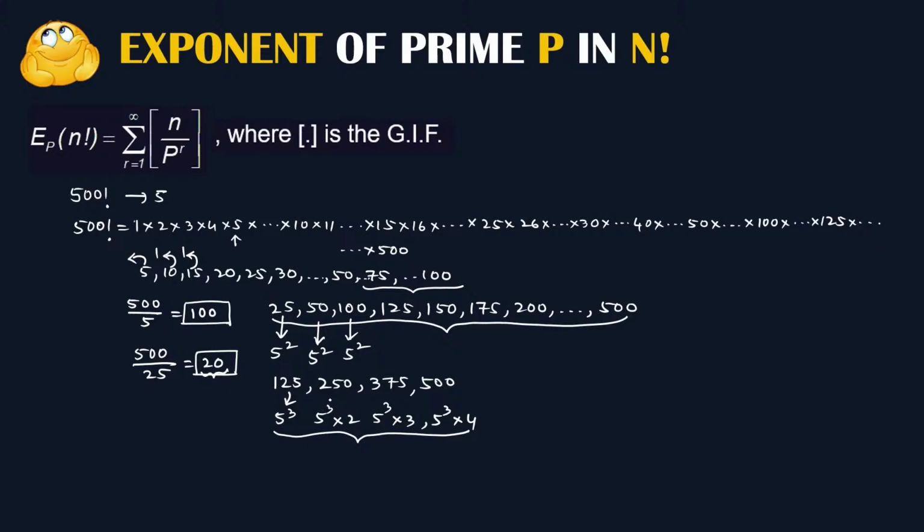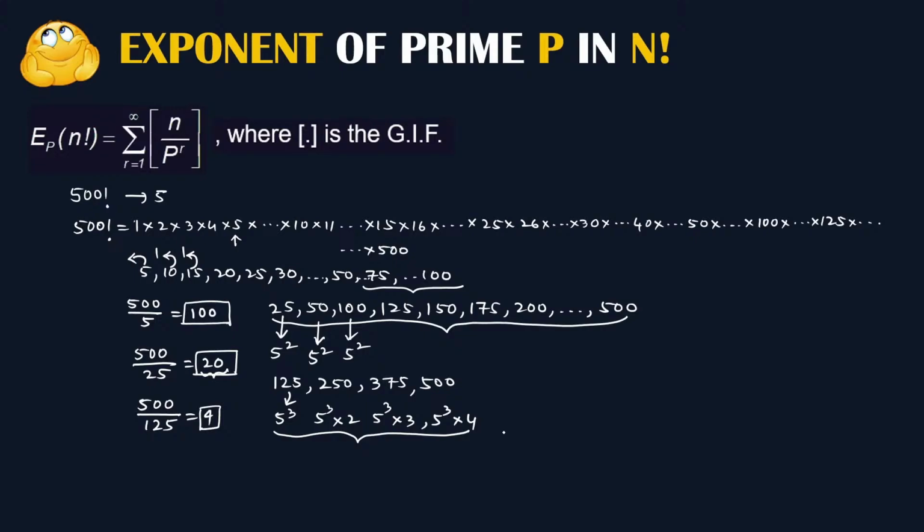So how many such numbers are there? Though we can see that there are 4 such numbers, if we do it mathematically, we write that 500 divided by 125 gives 4. That means we have 4 such numbers in which we get three 5s from each and every number. Am I correct or not?